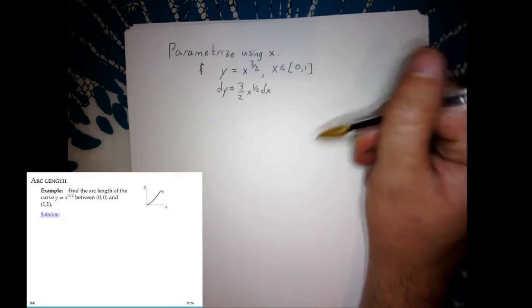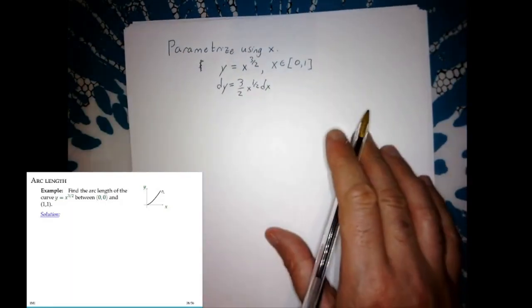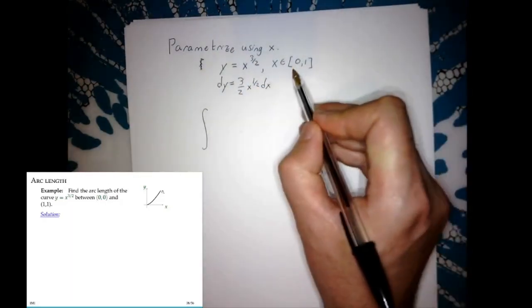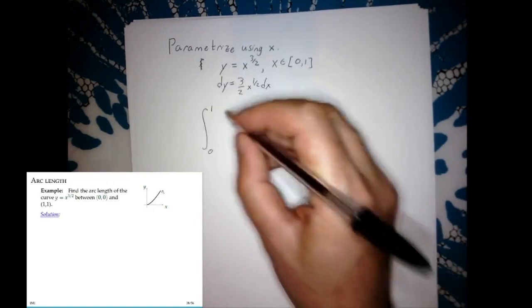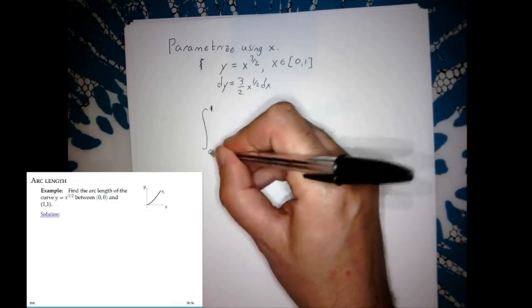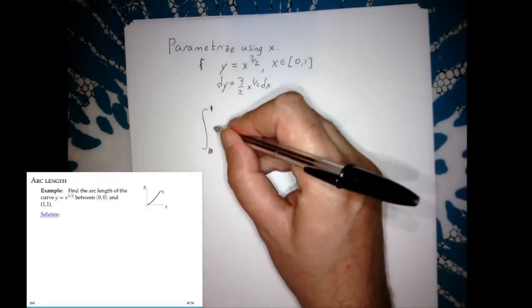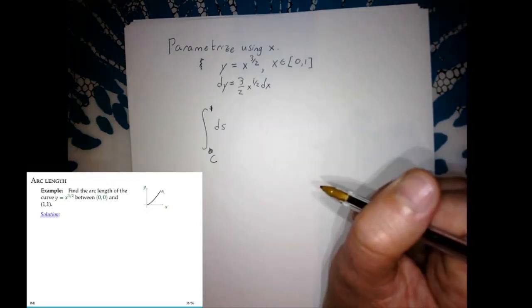In order to find the length of this curve, we integrate with respect to arc length over this curve. Actually, sorry, let me write the line integral without the limits first. So we do the line integral over this curve C of ds.